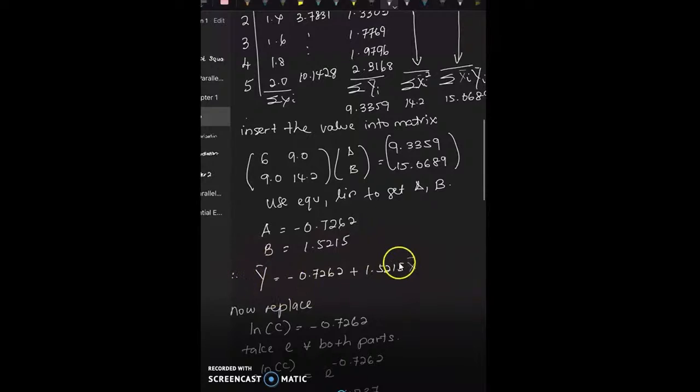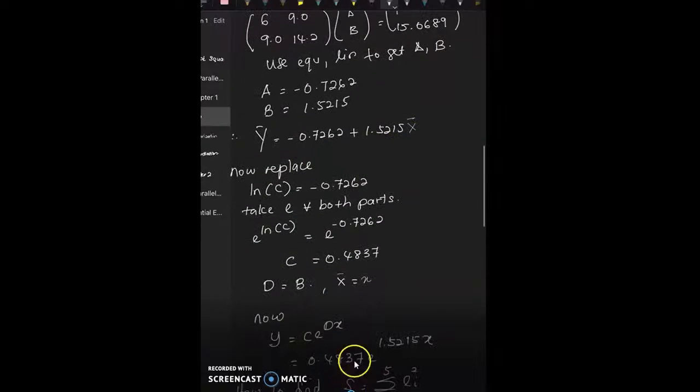So from here, when ln C is equal to negative 0.7262, to get C you need to take the exponential function of both sides. Exponent power ln C is C. You have to know that. So C is equal to exponent negative 0.7262.